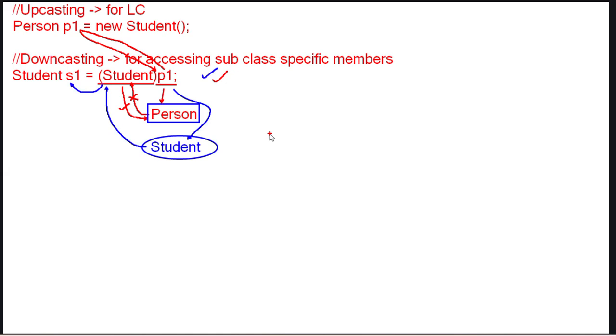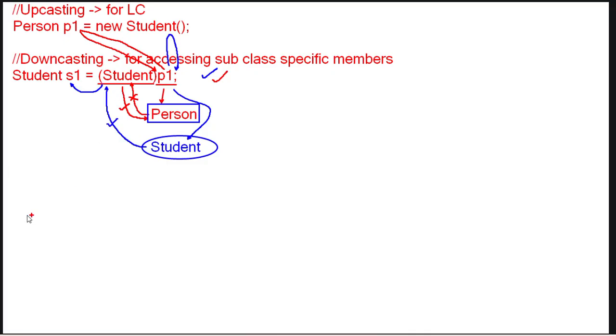For that, it applies the ISA test with the P1 variable type. P1 variable is of what type? Person. It will substitute person in place of P1 and verify person to student. Is there any ISA relation? Yes, then it compiles. Then the JVM at runtime will not verify the P1 type. It will verify the object type. So in place of P1, it will substitute the object type, which is student, and then verify student is a subtype of student. Yes. The compiler verifies two directions. The JVM verifies only one direction.